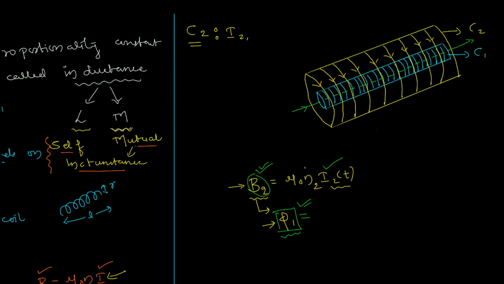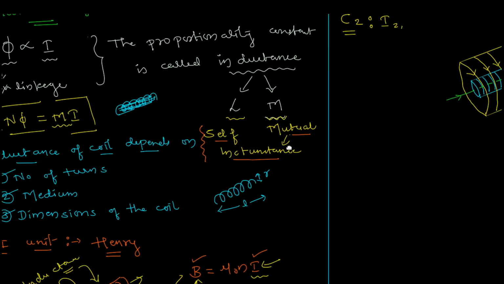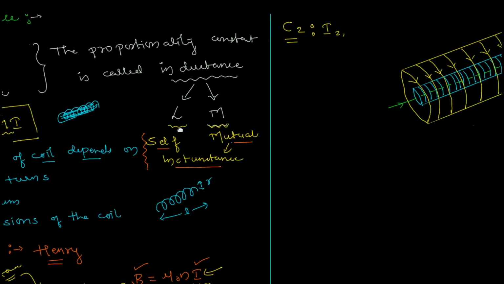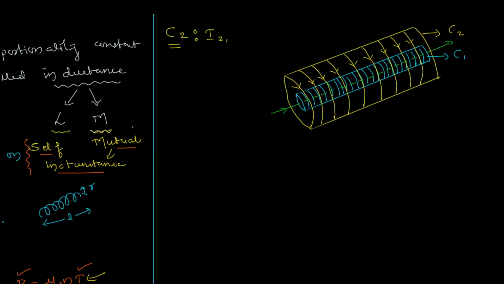All right, let's dig a little deeper into the mutual induction part of it. I'll try to get the expression for the mutual induction term M here. It's pretty simple. It'll be done in no time.